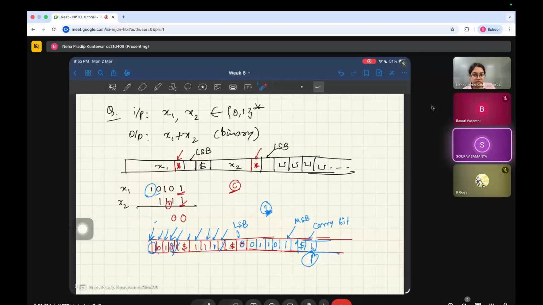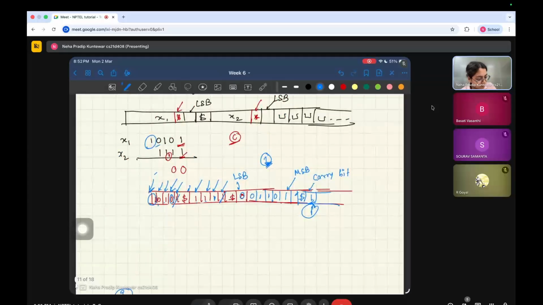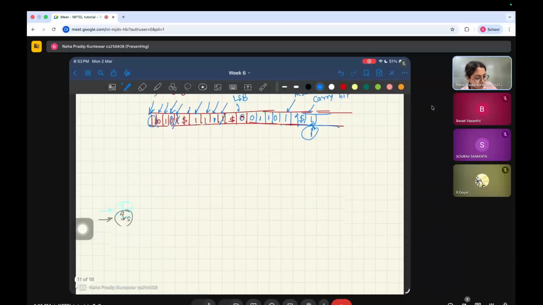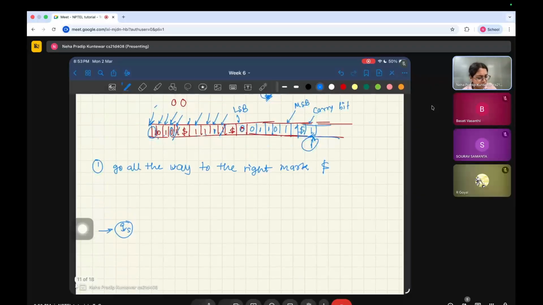You go ahead, then I will think first. So the first thing that you want to do is go all the way to the right, and mark a dollar symbol that tells you that from that point on you're going to store the sum that you want at the end.